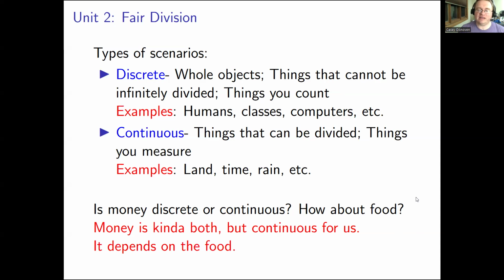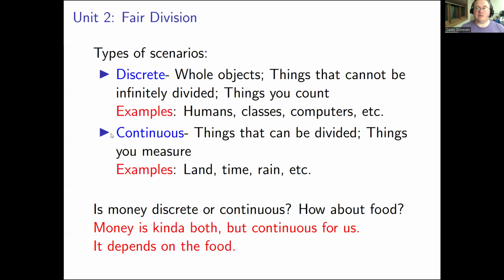Food is also something that could be discrete or it could be continuous. If I'm talking about hamburgers, I'm going to be talking about 1 hamburger, 2 hamburgers, 3 hamburgers. I'm not ever going to mention, say, 7.68 hamburgers. That doesn't really make sense depending on the context. Things like hamburgers are quite often going to be discrete.